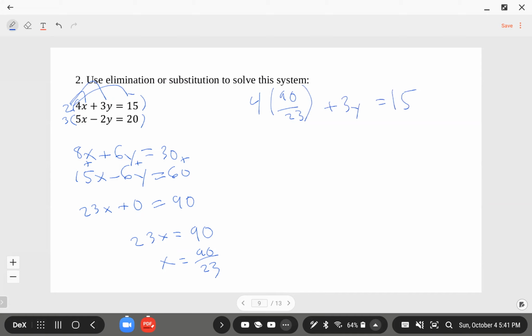That's 360 over 23 plus 3y equals 15. So now we can solve it, right? So 15 times 23, just make some quick calculations here.